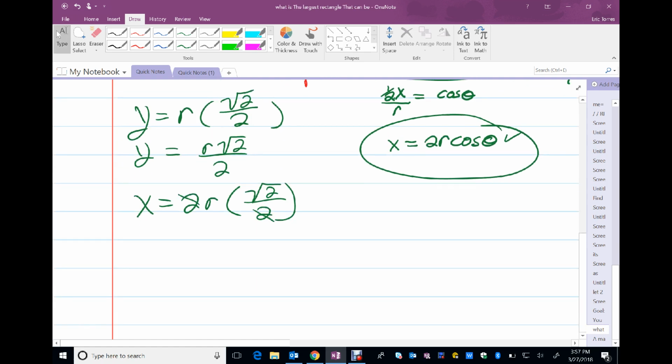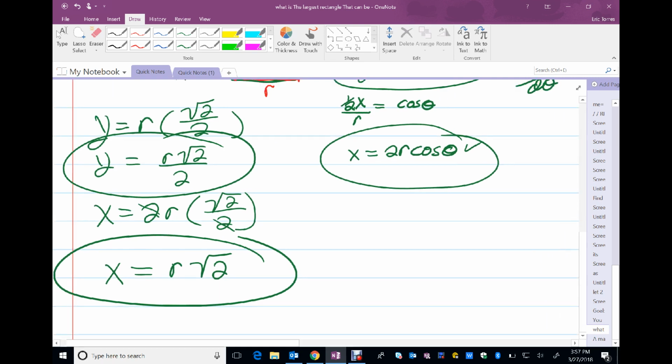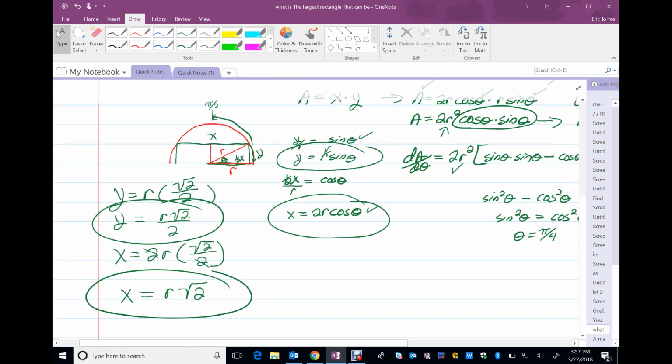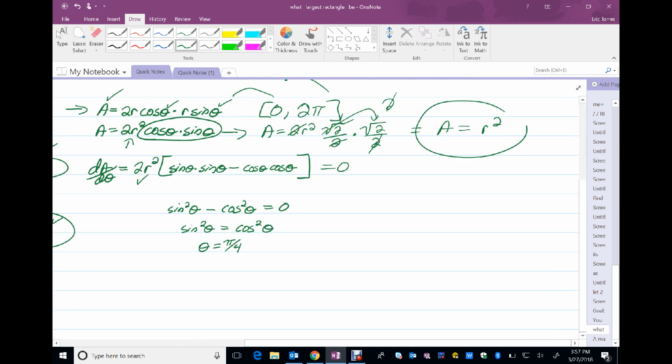These twos reduce, and x equals r square root of 2. Those are the dimensions of the largest rectangle I can inscribe in a half circle, and the area of that rectangle will be r squared.